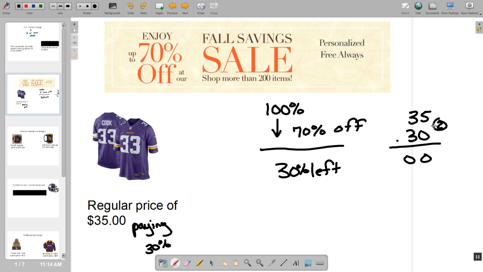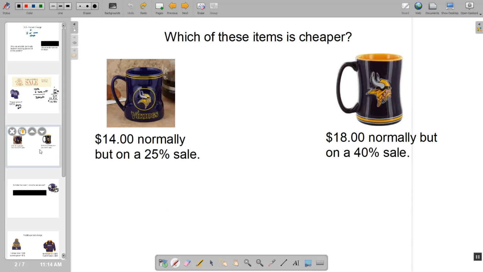So let's see if that works. And it looks like we did get $10.50 again. So two ways to solve it. You can find 70% and subtract, or you can find what percent is left and then multiply for that number.